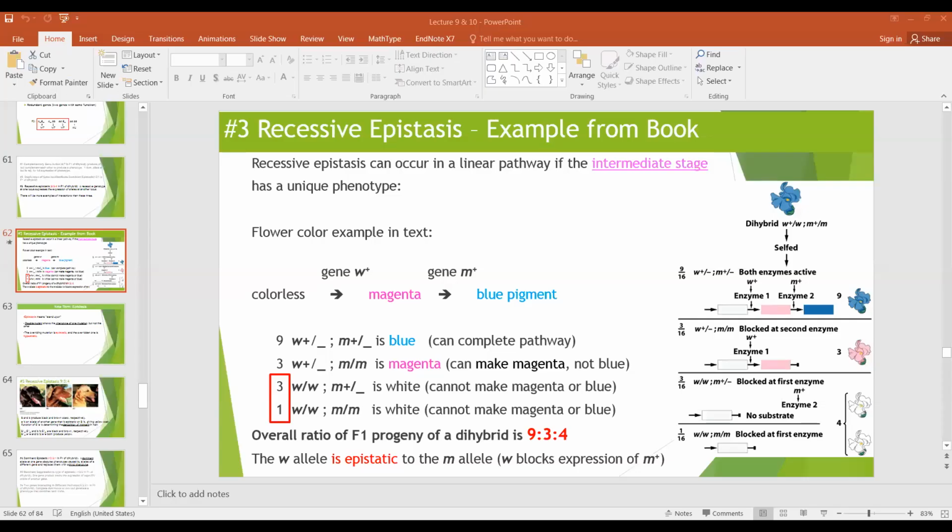Maybe this one. Nope. This one. Ah, yeah, okay. So to answer the question for 15 and 16, we have to understand this.